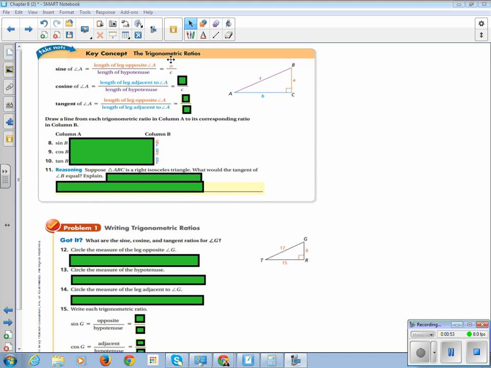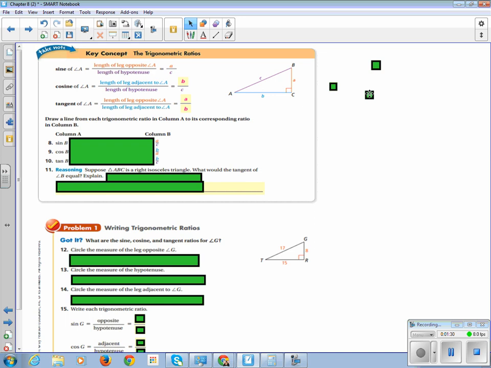So the sine of angle A is the ratio between A and the hypotenuse C. The cosine of angle A is the length of the leg adjacent to angle A, the one right next to angle A, which is B, over the hypotenuse, which is C. So the answer to this is B. The tangent is the leg opposite of angle A, which is little a, and the leg adjacent to angle A, which is little b. So it's A over B.